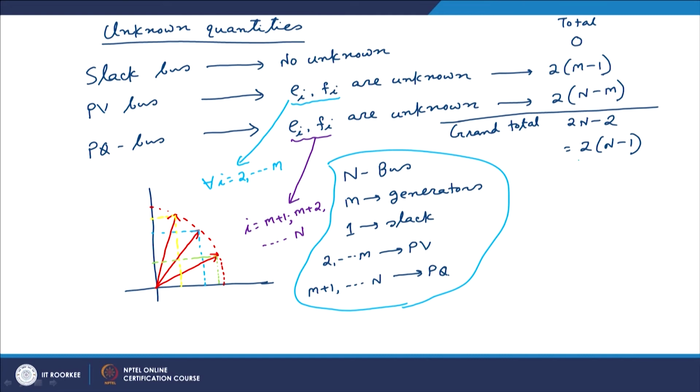Now, this result is also quite obvious to determine, because except at the slack bus, at all the other buses both the real part as well as the imaginary part are unknown. If the total number of buses in the system is n, then at each of these n minus 1 buses both the real part as well as the imaginary part of the voltages are unknown.